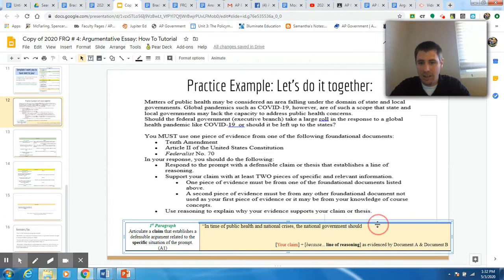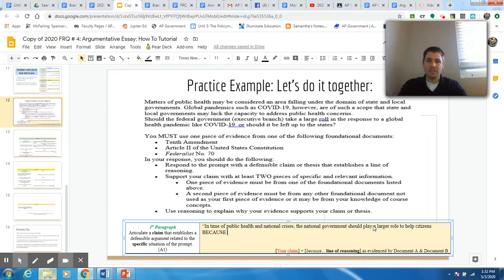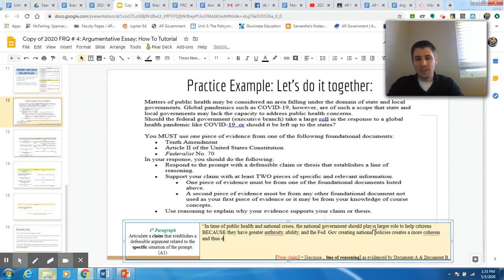I'm making a claim: they should play a larger role to help citizens because, here's the second part, and then the third is going to be my line of reasoning, they have greater authority and ability, and the federal government creating national policies creates a more coherent and thus easier to follow method, as evidenced by Federalist 70.